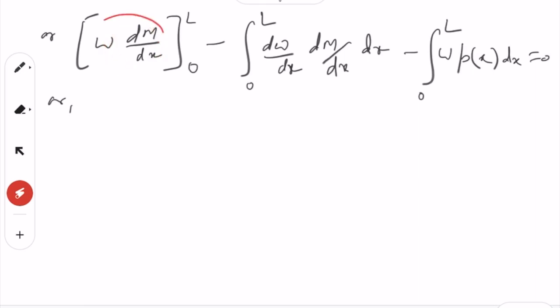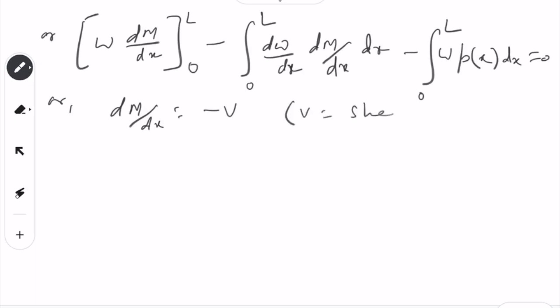Remember that dM over dx equal to minus V, where V is the shear force and M is the bending moment.